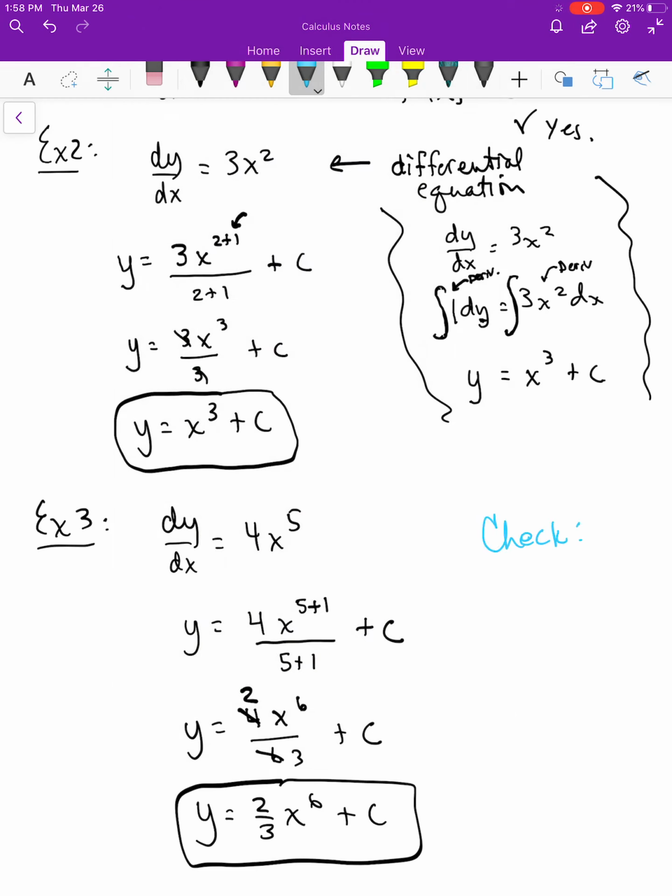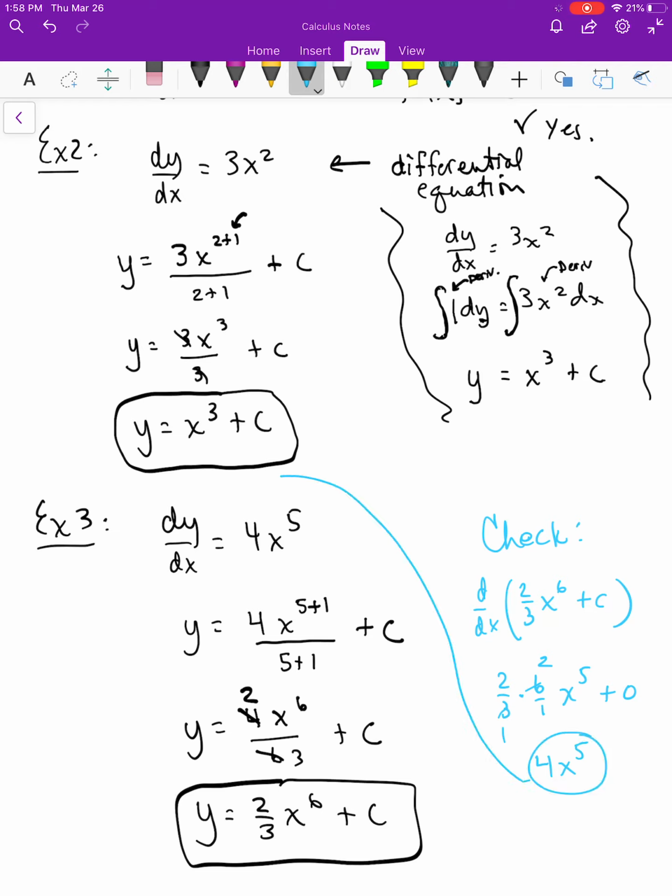Now, let's check ourselves. So I'm going to do that in blue. Let's check. If I take the derivative of 2/3 x to the 6th plus c, what would I get? Well, I would bring my 6 down times x to the 5th, and then the derivative of a constant is 0.